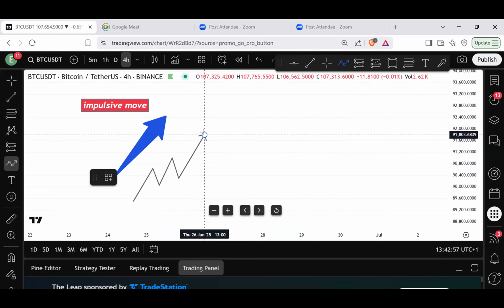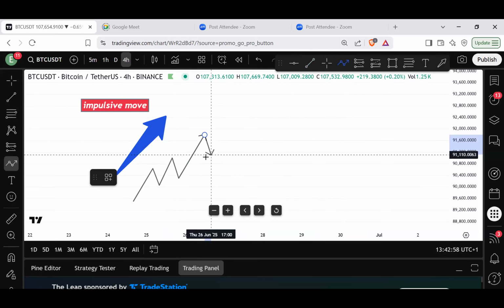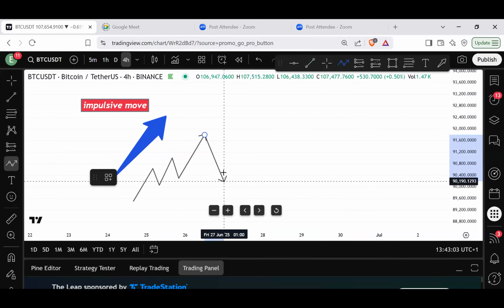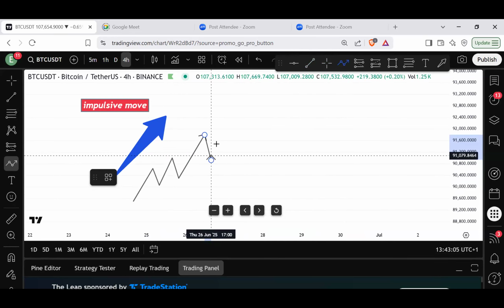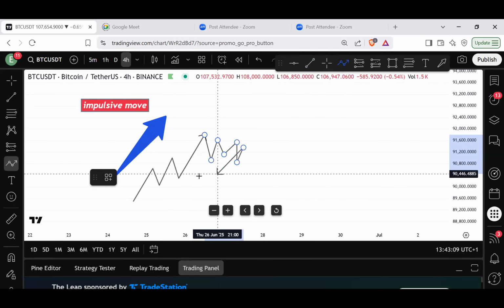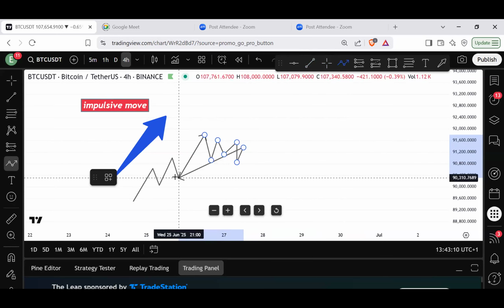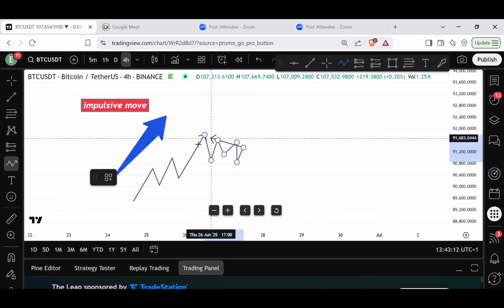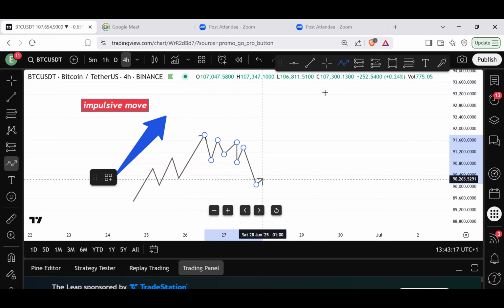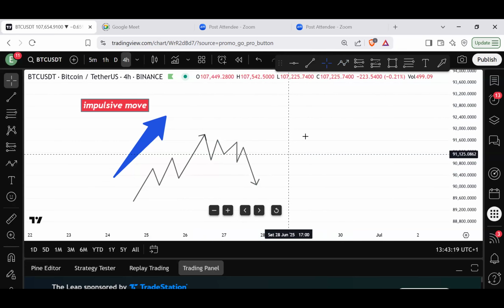Sometimes it can just be a single move. Sometimes price can do anything it wants to do, but as long as it goes below the low of the previous, that is correction.